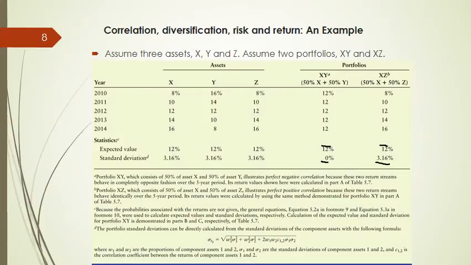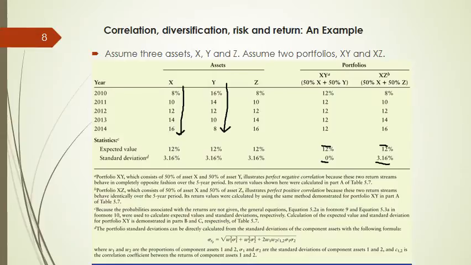So if you look at asset X and asset Y, which are combined to form portfolio XY, the returns on asset X increase as the returns on asset Y decrease. So essentially what is happening is that the increases in returns on asset X are offset by the decreases in returns on asset Y. And the result is that we have a lower deviation from our expected outcome.